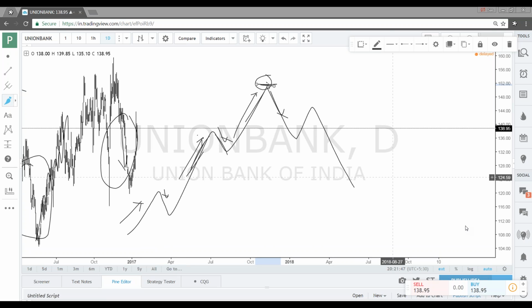Let me say again, smooth is impulse and choppy is correction. And smooth and also fast moving, with respect to time, price moving very fast, this is impulse. The impulse can happen both up and down, correction can happen both up and down.